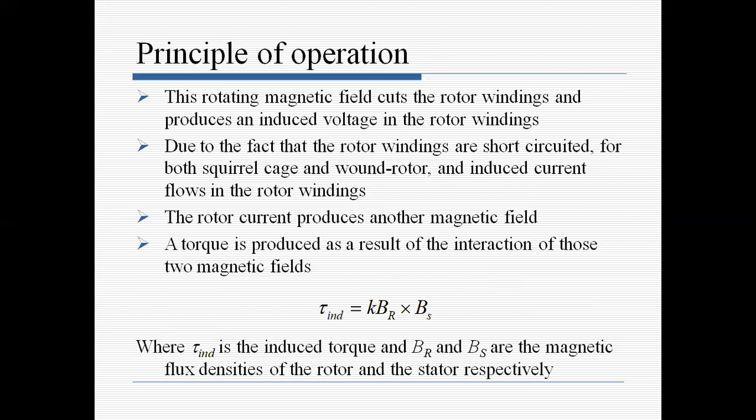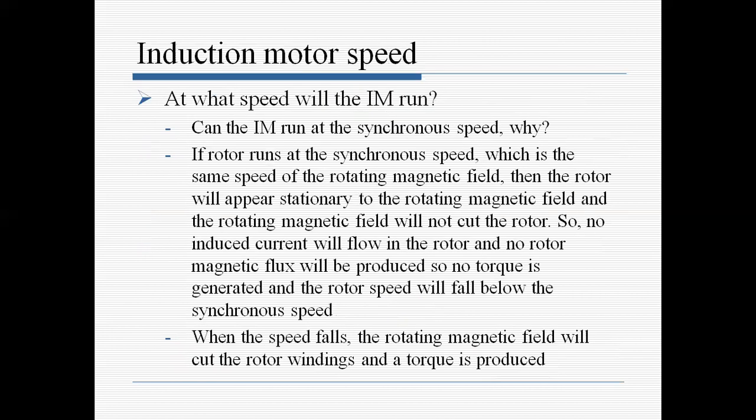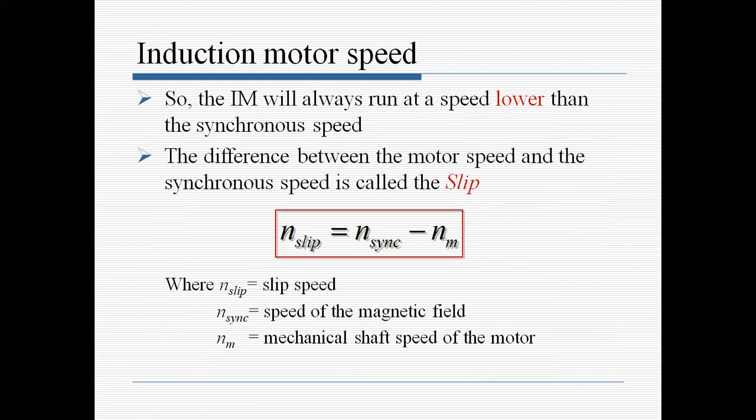This current flows in the rotor windings, which produces a flux. This rotor current produces another rotating field. This field will oppose the main field according to Lenz's law. Lenz's law says the induced effect is such as to oppose the cause producing it, so it opposes the main field.